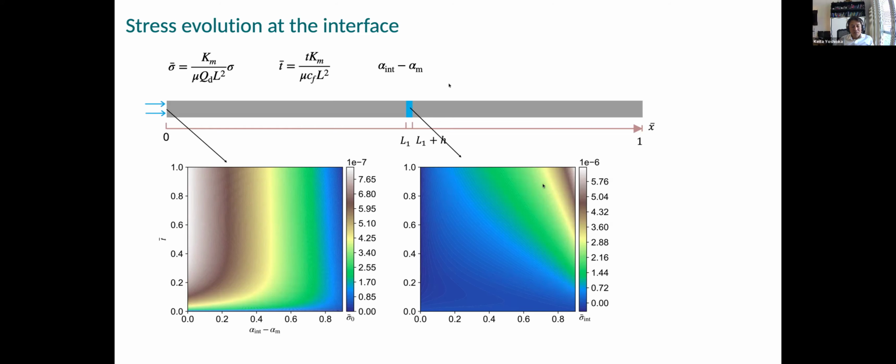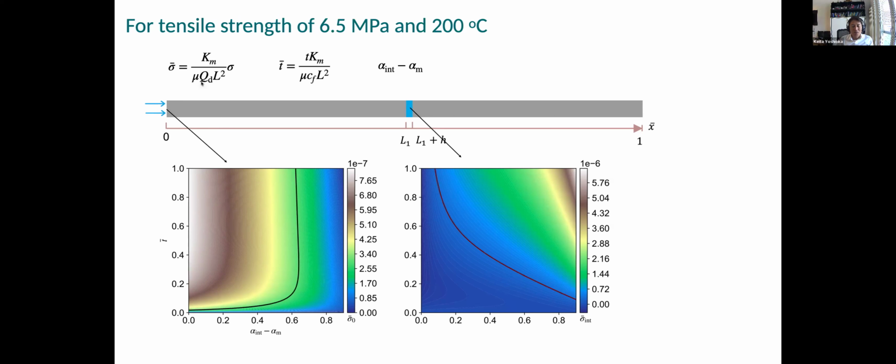If we pick some fluid viscosity and some tensile strength, we can draw a line. For example, here we assume the tensile strength of this material is 6.5 megapascal, and the fluid viscosity corresponds to the water viscosity at a temperature of 200 degrees C. Then we can draw a line at the injection point, and also at the weak interface point.